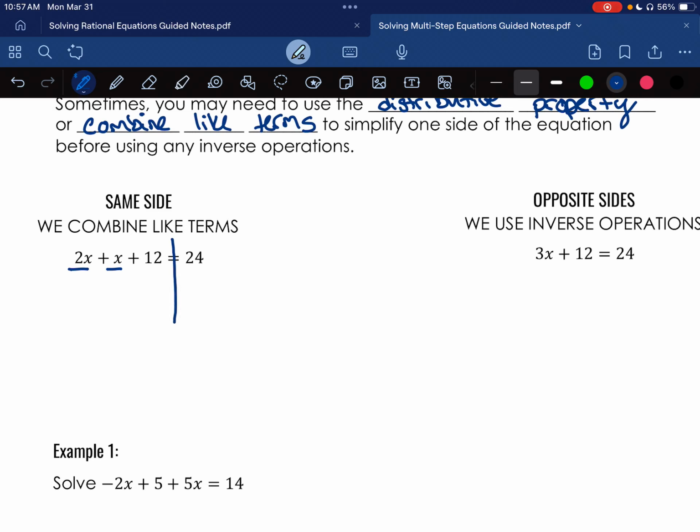If your teachers have you draw a straight line through the equal sign, that means we're going to do the addition as it appears, since they're on the same side of the equation. So that would look like 3x, and then it would be plus 12 still equals 24.